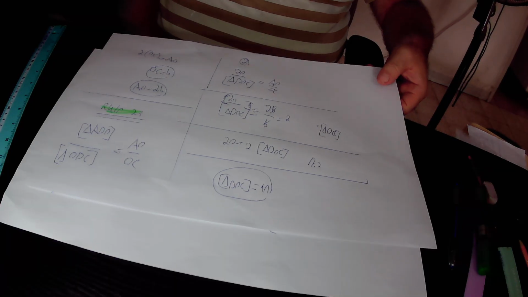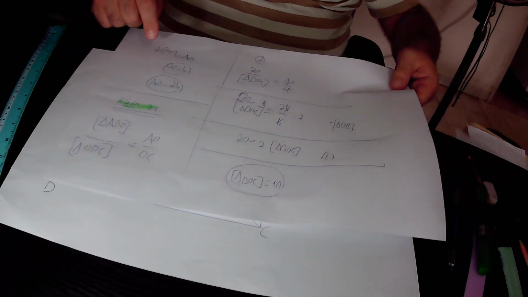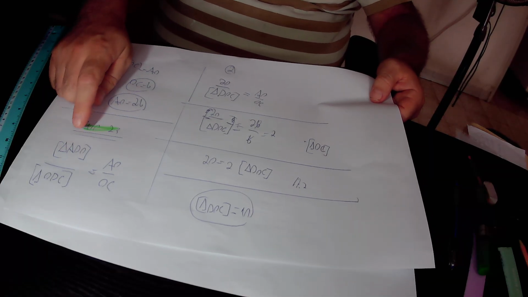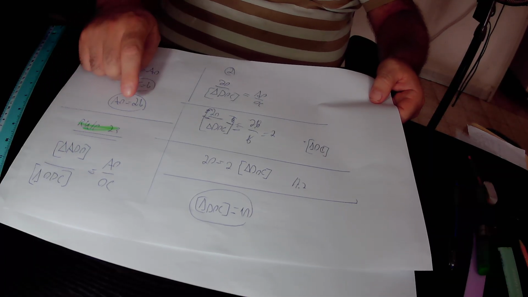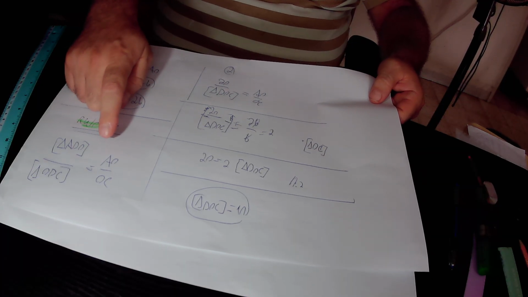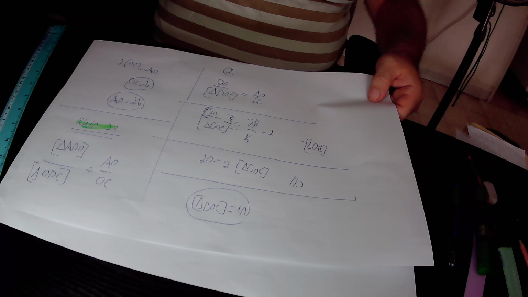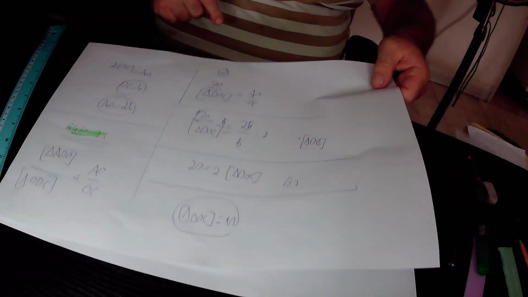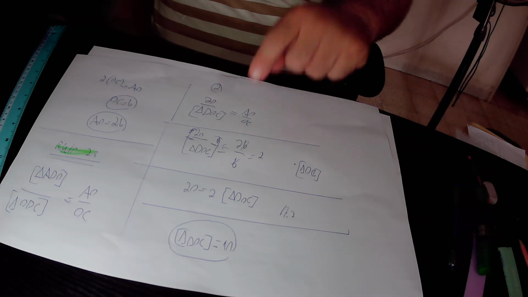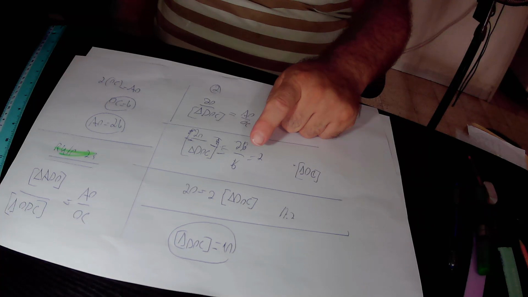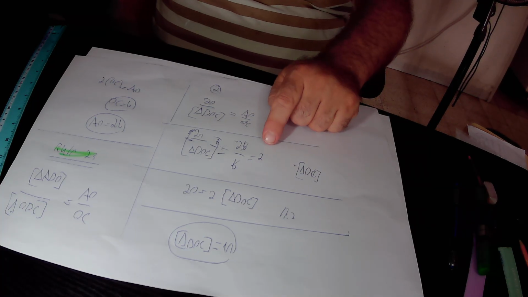The area of triangle ADO is 20 square units, so we write the area of triangle ADO, 20, over the area of triangle DOC. The area of triangle DOC is unknown, so we leave it as it is, and it is equal to AO over OC. AO is 2B and OC is B. We have B in the numerator and B in the denominator, so B will get cancelled, and we are left only with 2.